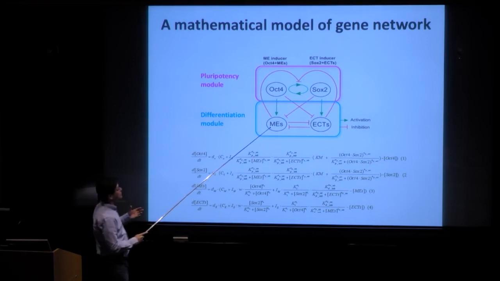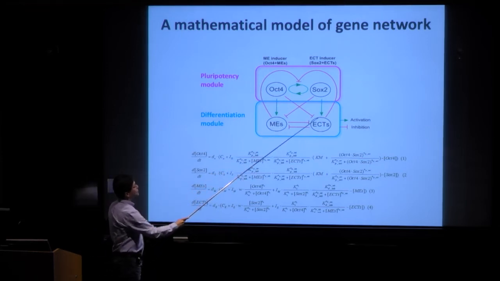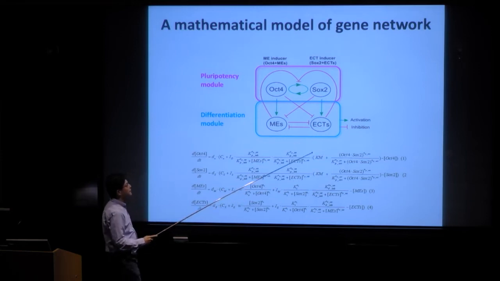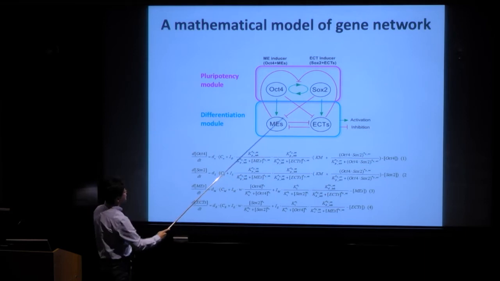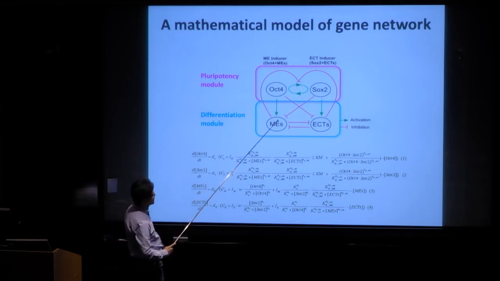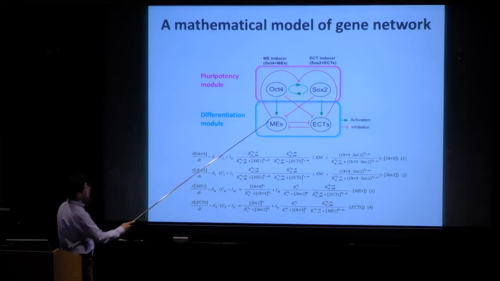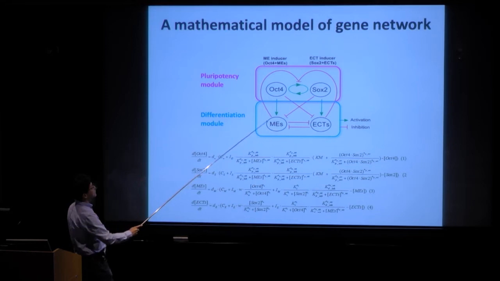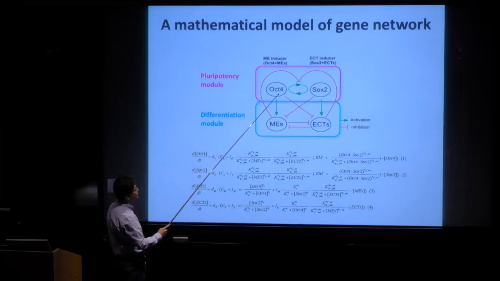This is a meso-endodermal one, I think. And one blob of genes representing another cell fate, ectodermal. And we know they are repressing each other because you cannot be simultaneously a heart and liver. So they are either one of them. Okay. And if they are expressed, they will go back to repress the stem cell genes.